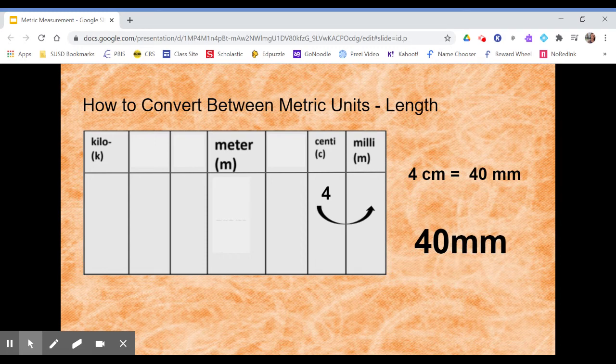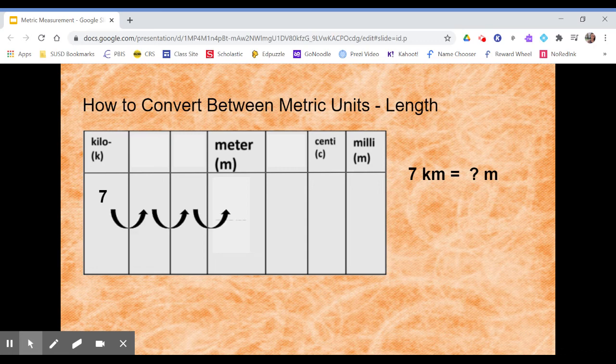Let's take a look at another problem now to get some more practice in. Let's say it's asking us to convert 7 kilometers into meters. So again, the first thing we're going to have to do is place a 7 under the K column for kilometers. Then we need to go to meters, so we're going to see how many jumps between the columns it would take to get to meter.